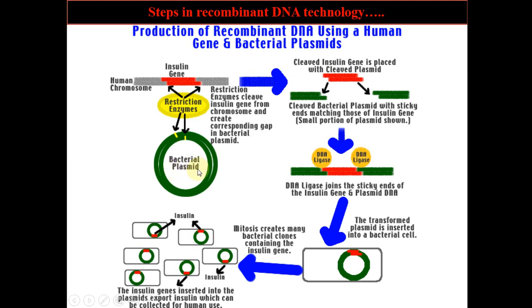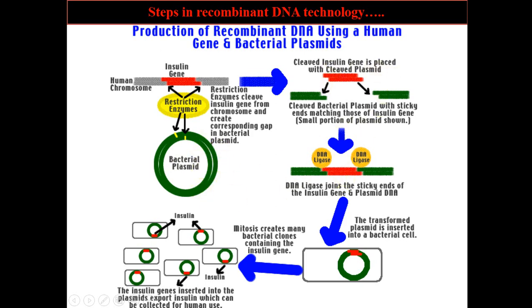Bacterial plasmids are used as vector by removing certain sequences from them and joining this gene of interest instead.